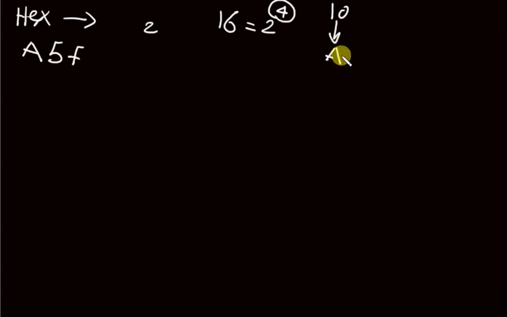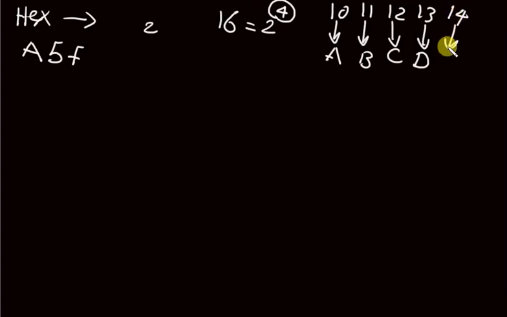So 10 is A, 11 is B, 12 is C, 13 is D, and 14 is E, 15 is F.